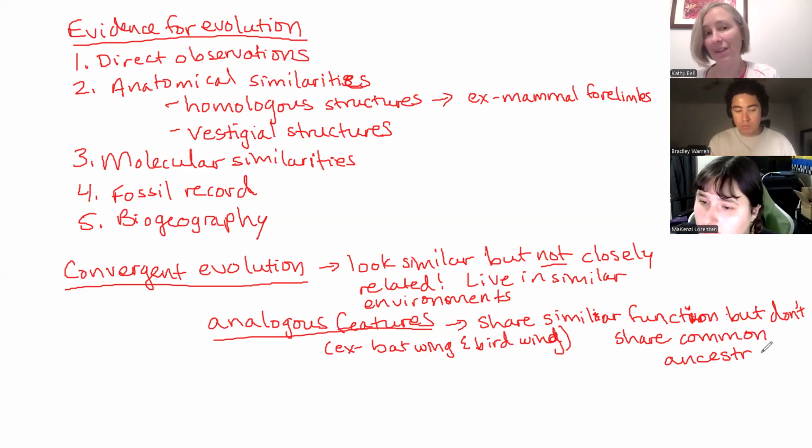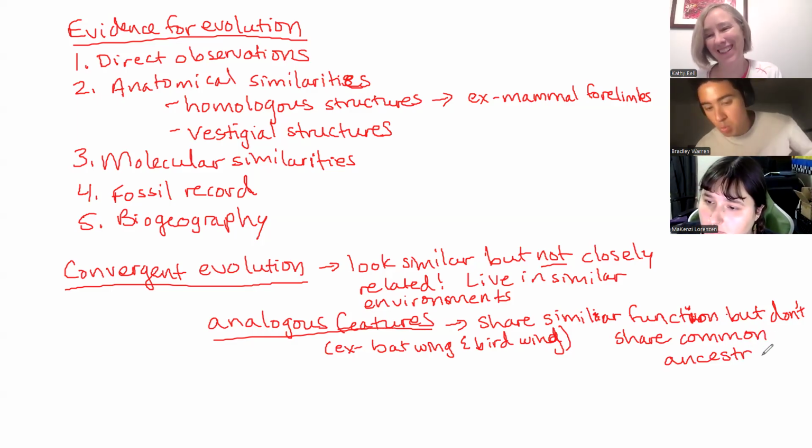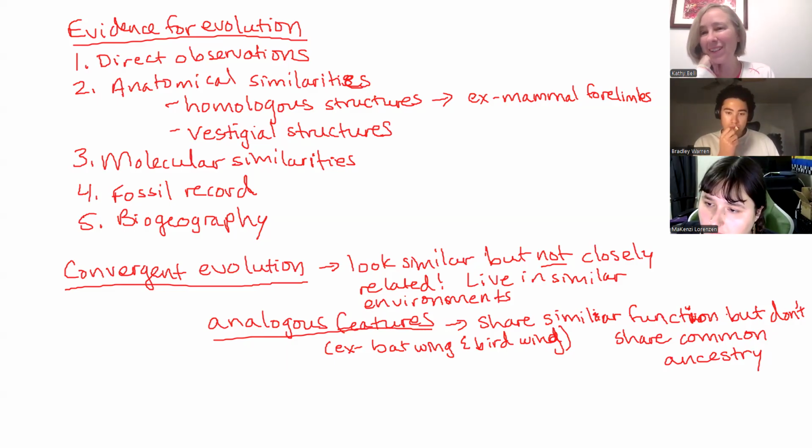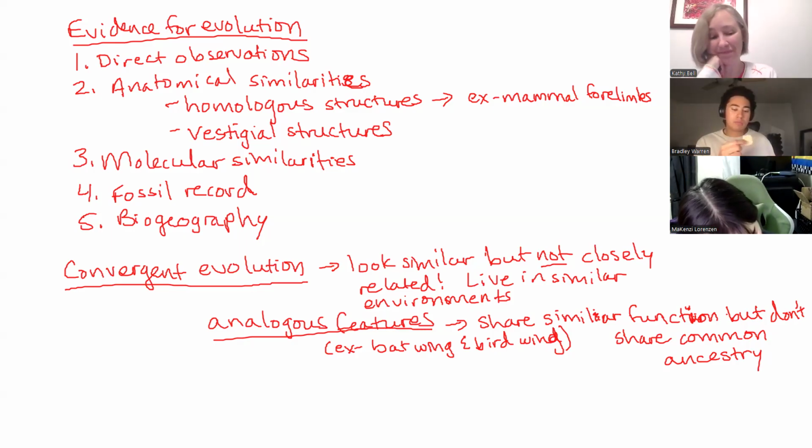So they're definitely not homologous structures. So these analogous features are going to come about because of this convergent evolution.